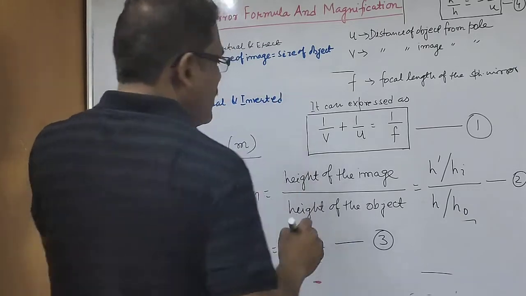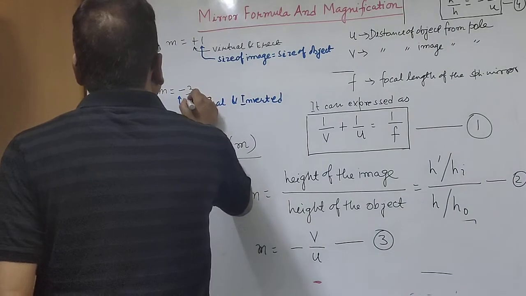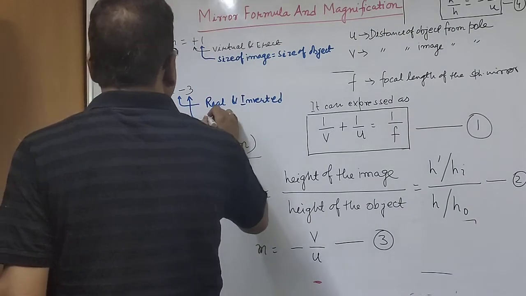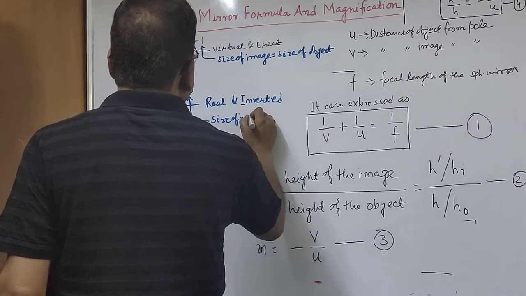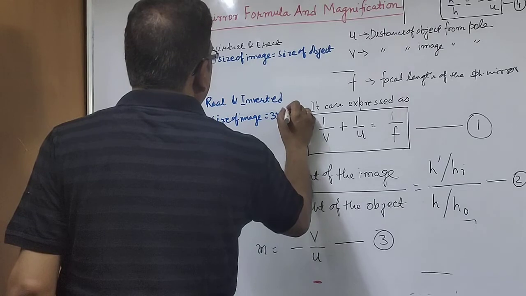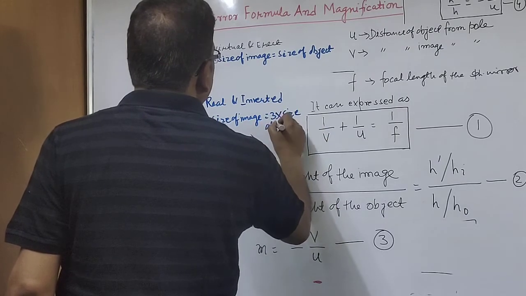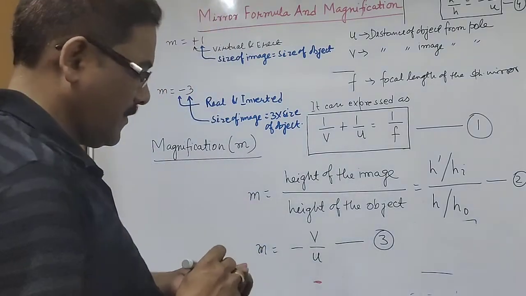Minus means it is below the principal axis, so it is real and inverted. And this 3 indicates that the size of the image is equal to 3 times the size of the object.